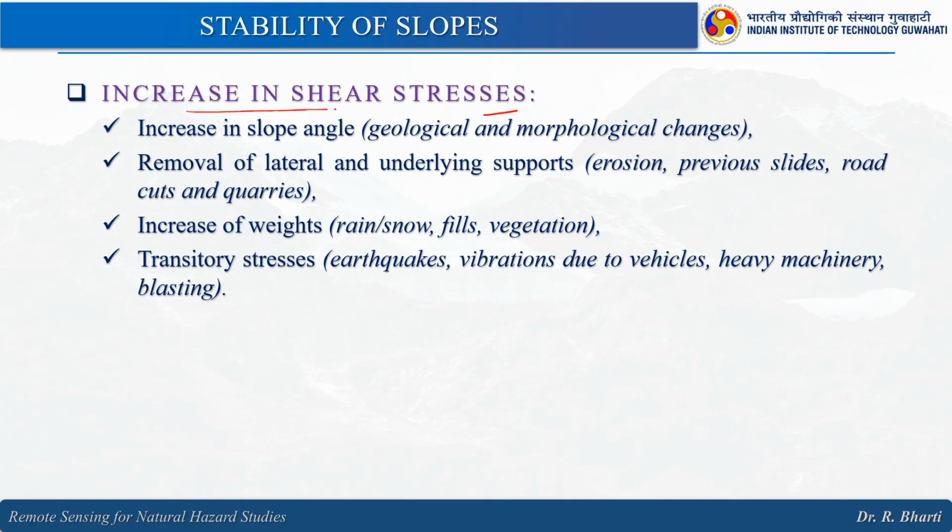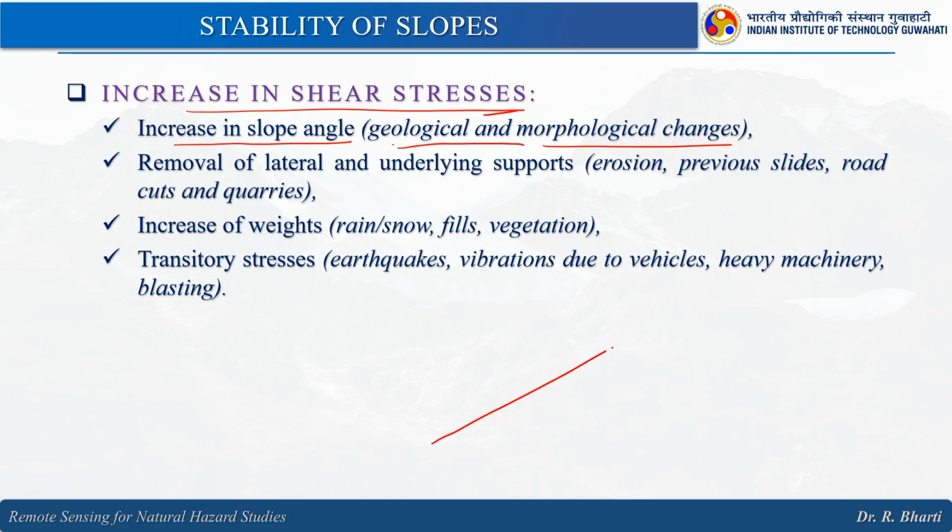So how are we going to evaluate which parameter is going to increase the shear stress of the material, or which parameter is going to reduce the shear strength of the material, right. Let us see first the increase in shear stresses: increase in slope angle because of a change in the geomorphology or a change in some geological structure, right.